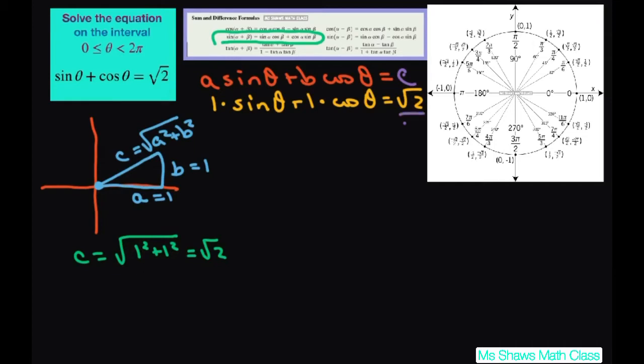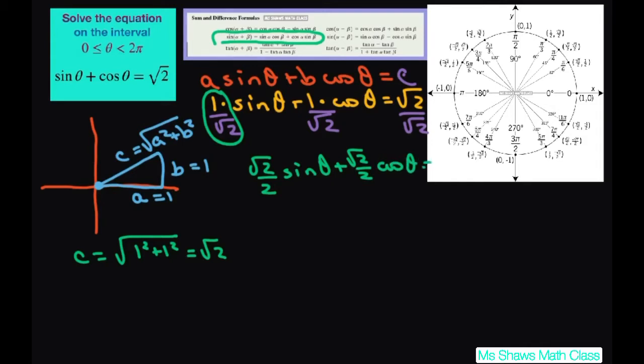So if we divide each term by the square root of 2, and rationalize the denominator, that's going to be square root of 2 divided by 2 sine of theta plus square root of 2 divided by 2 cosine of theta equals 1. So that's our new equation just by dividing everything by my C.